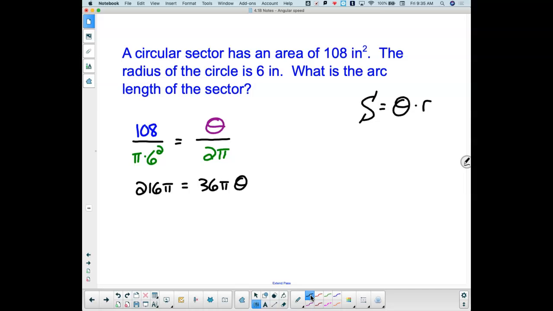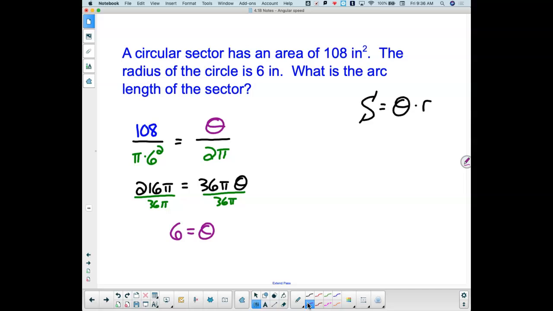Divide by 36 and divide by pi at the same time. What do I get when I divide 216 pi by 36 pi? I get 6. So 6 is my theta.